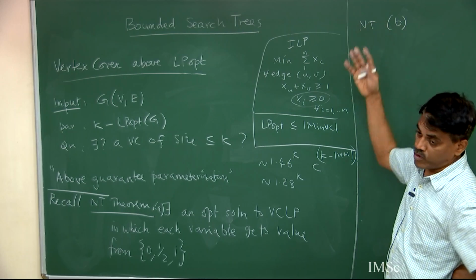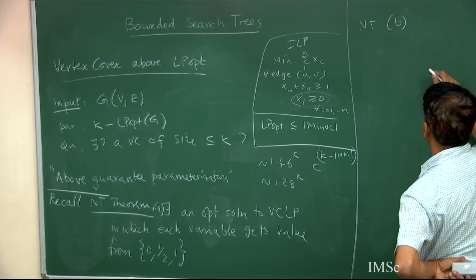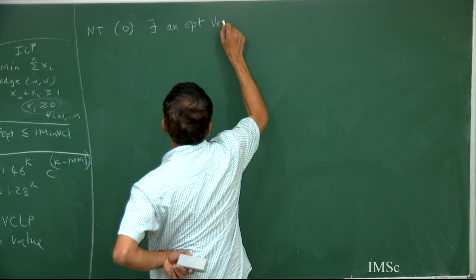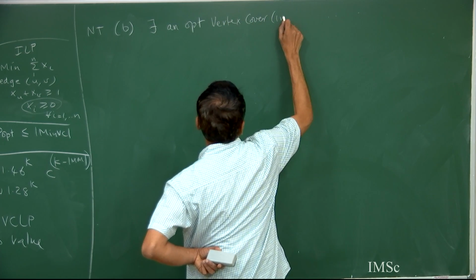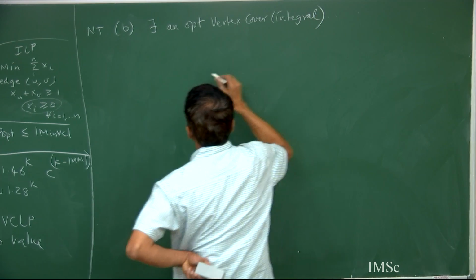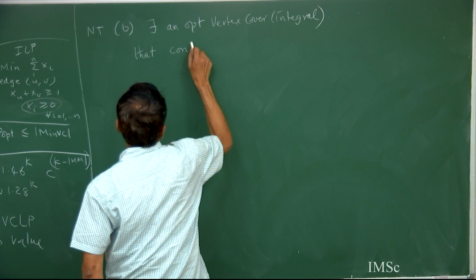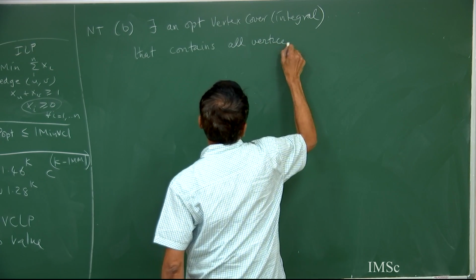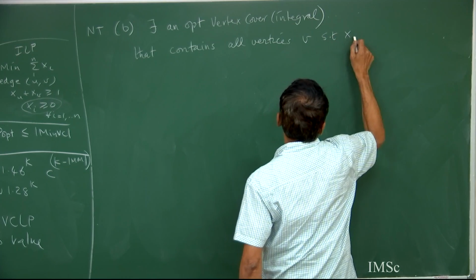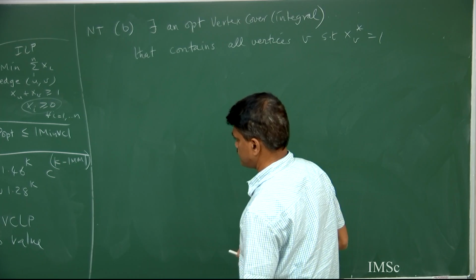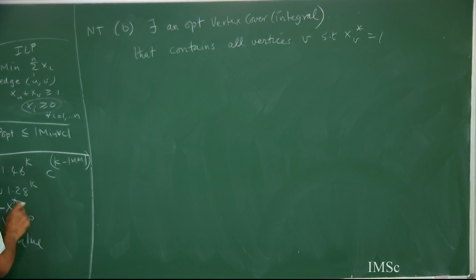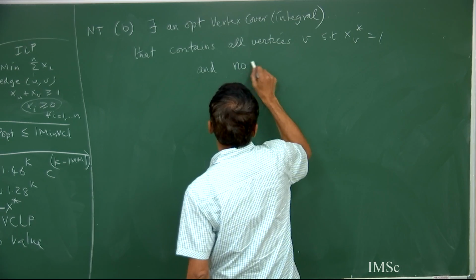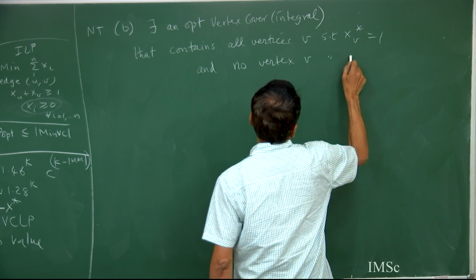So it said that there exists an optimum integral vertex cover that contains all vertices v such that x_v star, the optimum, is 1, and no vertex v such that x_v star is 0.